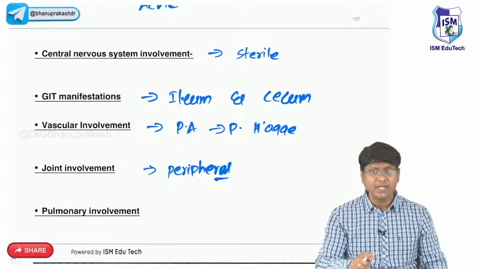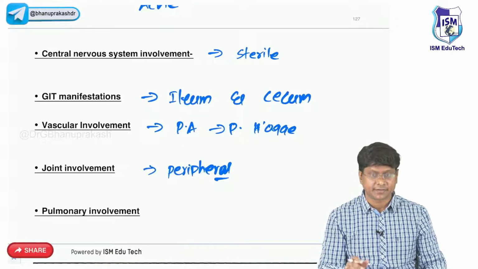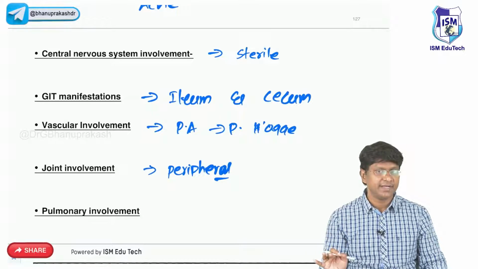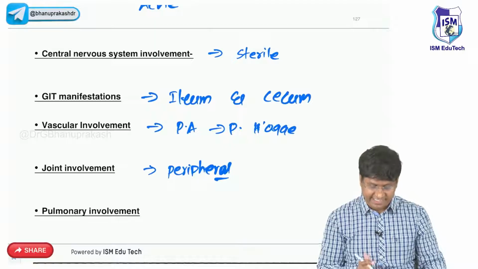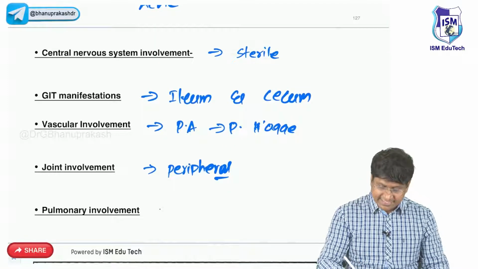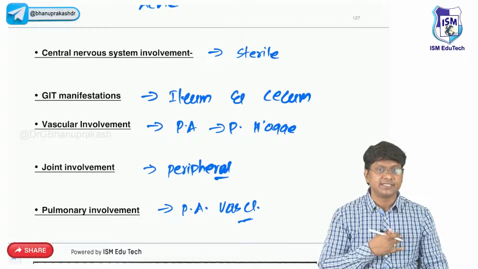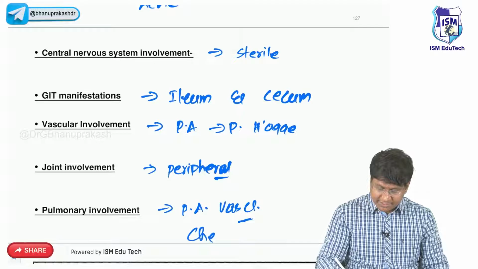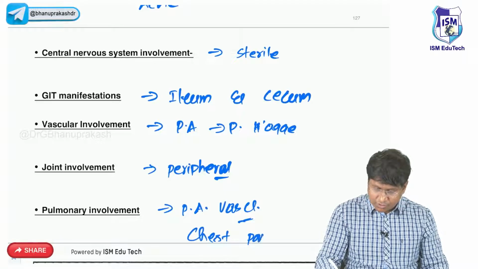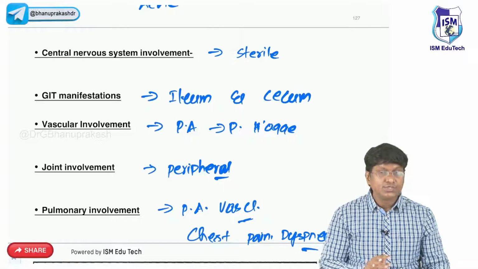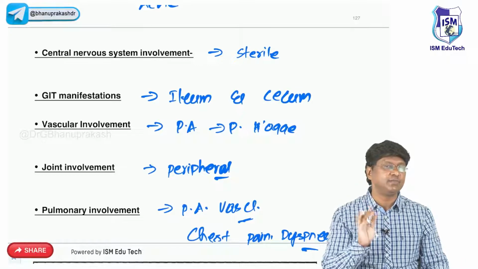Either a single joint or multiple joints are affected, and this joint involvement is non-deforming, so there are no deformities in this case. And lastly, pulmonary involvement, in the form of pulmonary artery vasculitis. That is what we were discussing. Because of pulmonary artery vasculitis, the patient can present with chest pain, and also dyspnea.